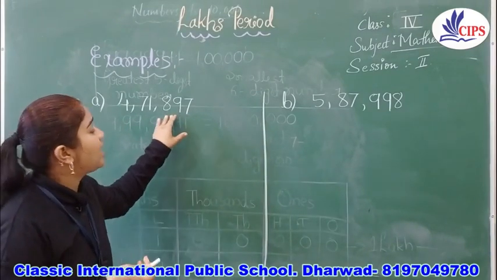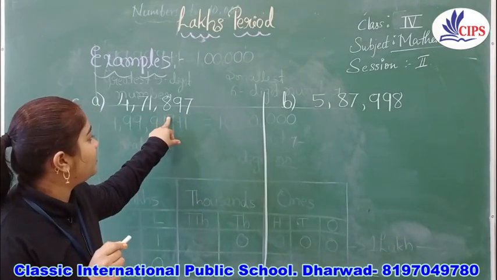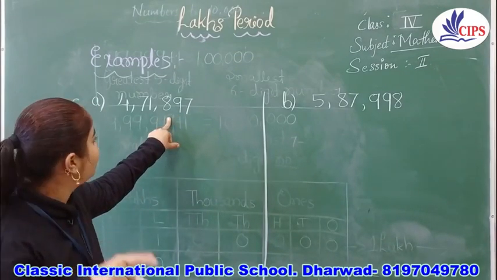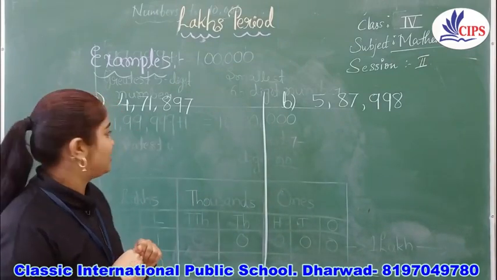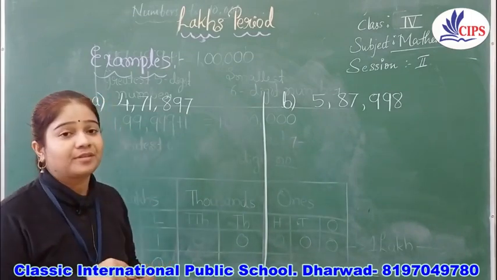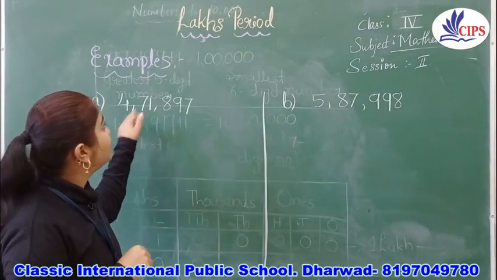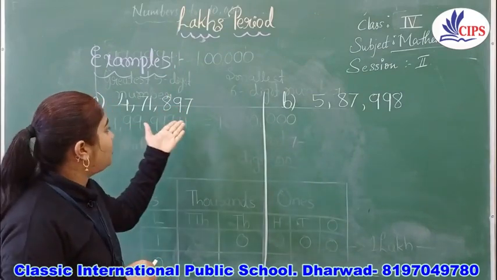What is there in the hundreds place? Tell me. 8, right? And what's there in the 10,000s place? Yes, it is 7. And what about the 4? It comes under the lakhs period. Understood? Okay, so now it is easy.